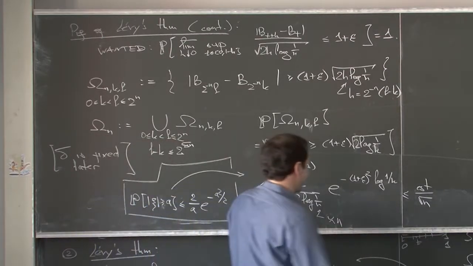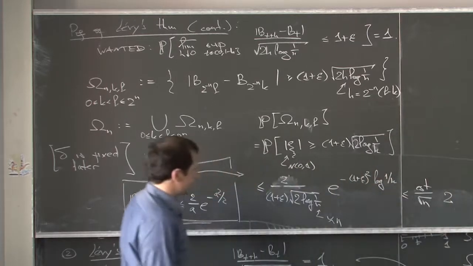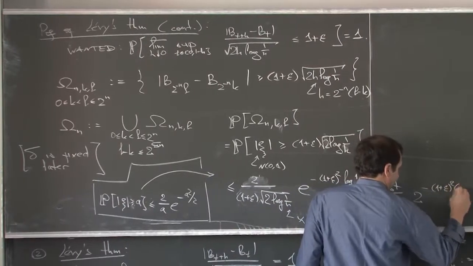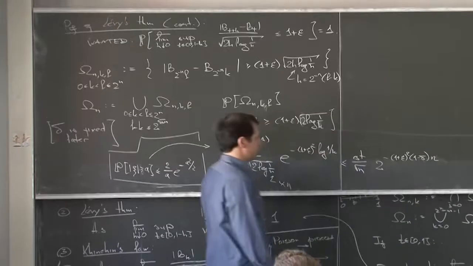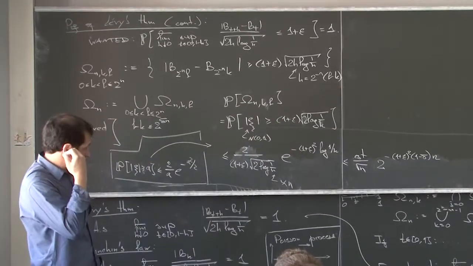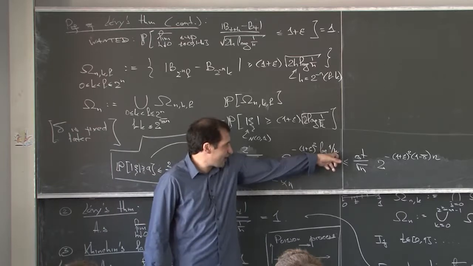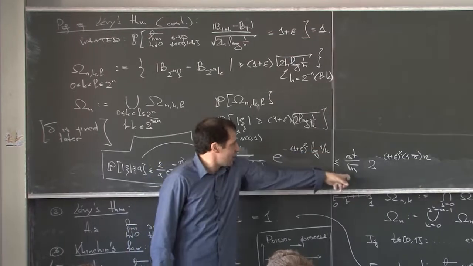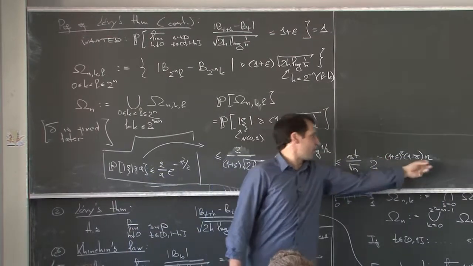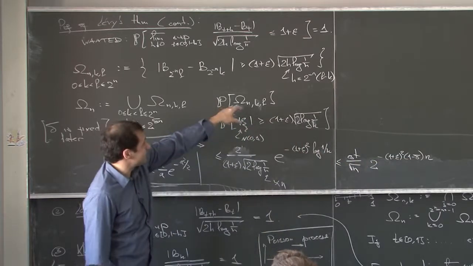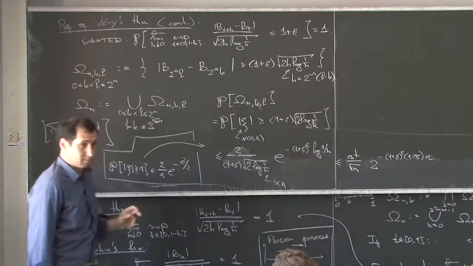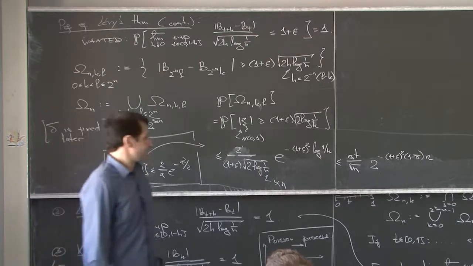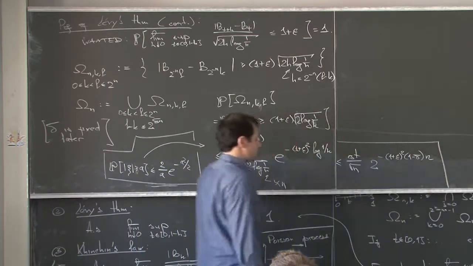So what I would like to say is that this is 2 to the minus all this. Again, h is roughly 2 to the n, right? So what I would have here if it was 2 to the n is just 2 minus 1 plus epsilon squared n. But actually it might be slightly bigger, right? Because of this L minus k. So because of that, I have here another 1 minus delta. Is it clear what's going on?